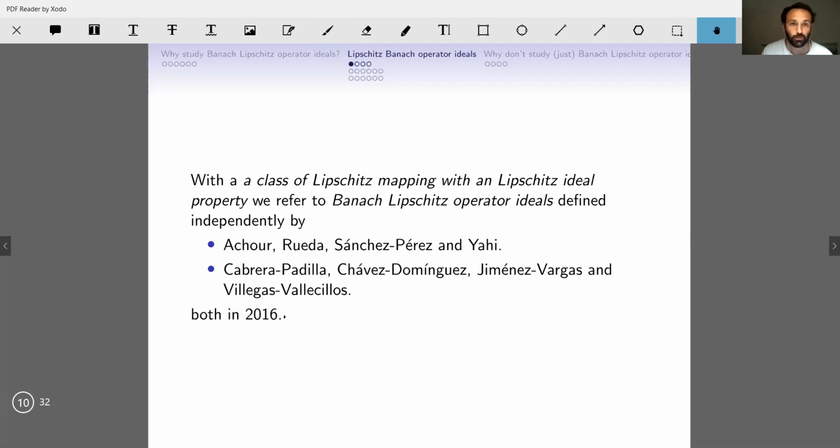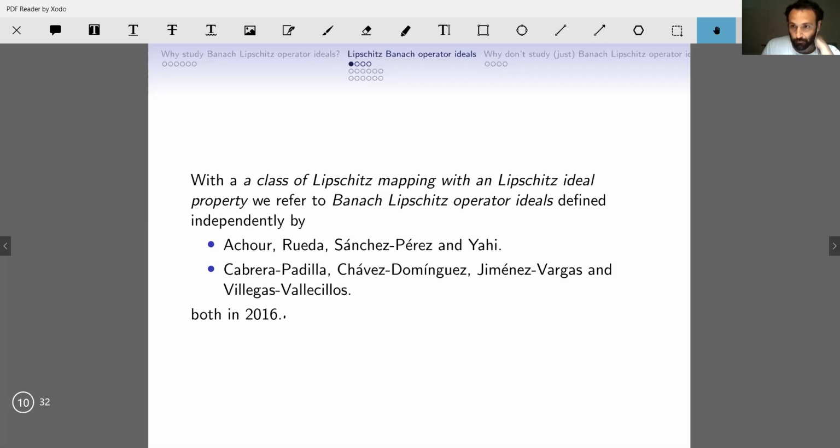So the question we start from, and why we study Banach Lipschitz operator ideals, is to see if any linear property that we have for Banach spaces can be extended to Lipschitz, that is, described using Lipschitz ideals and Lipschitz functions, which of course are not linear. So we are going to describe linear properties using nonlinear descriptions.